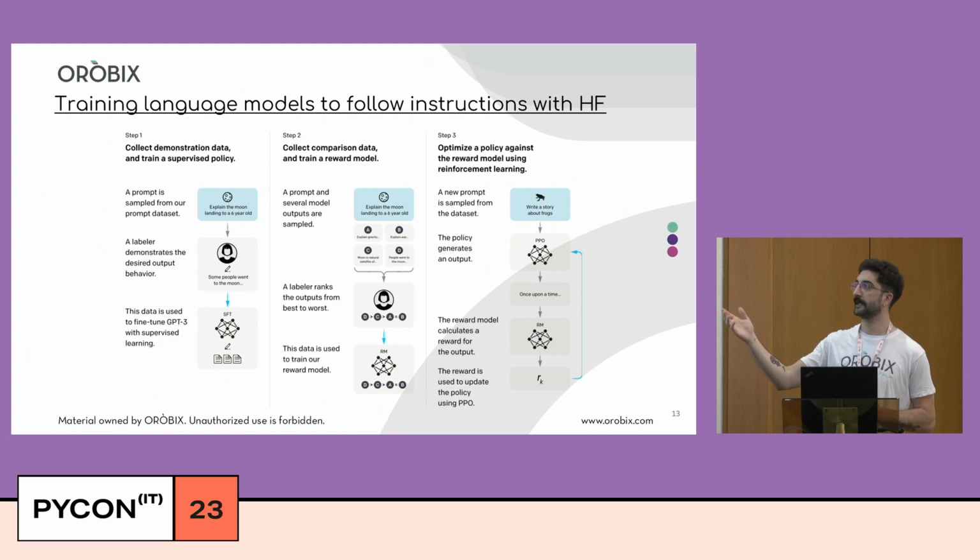So what they've done is that they have asked some humans to rank the generated responses from the language model. And in that case, they have learned what they've called the reward model. So it's a model that is able to mimic the ranking from the humans.